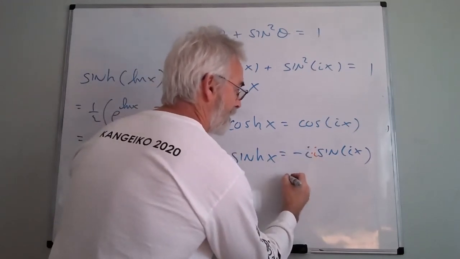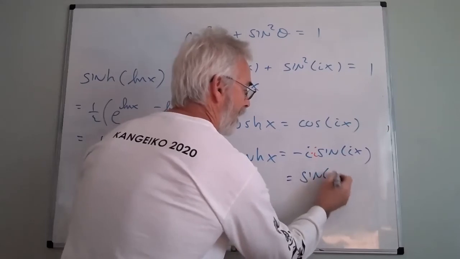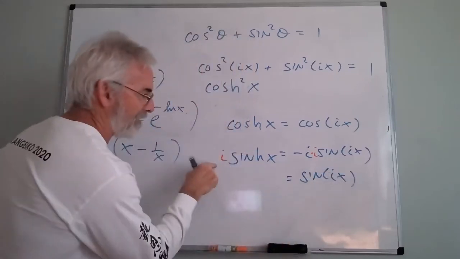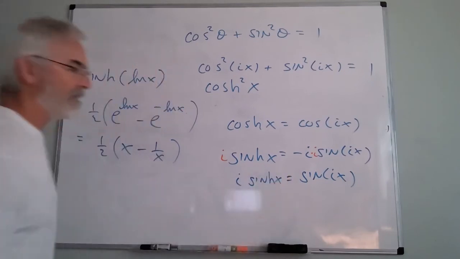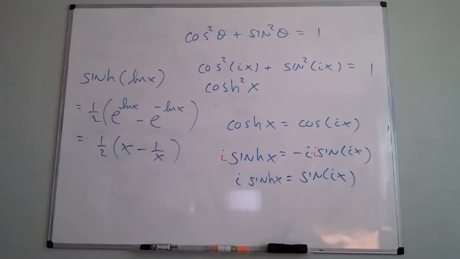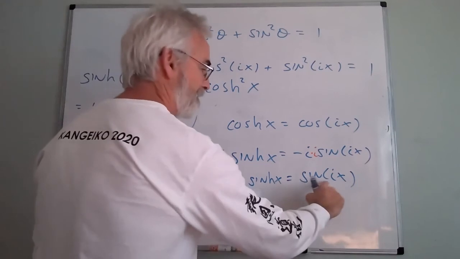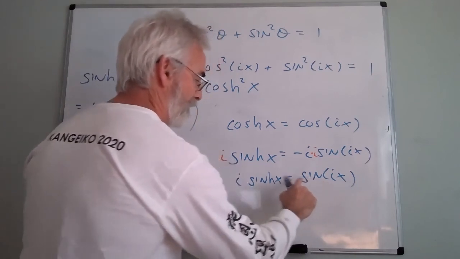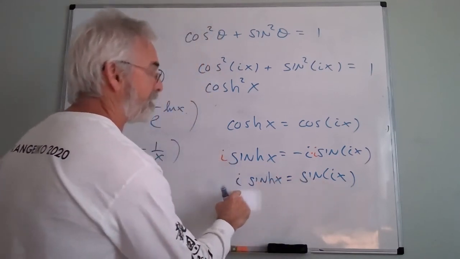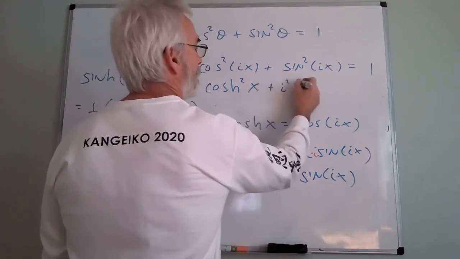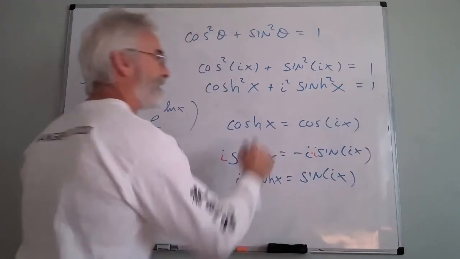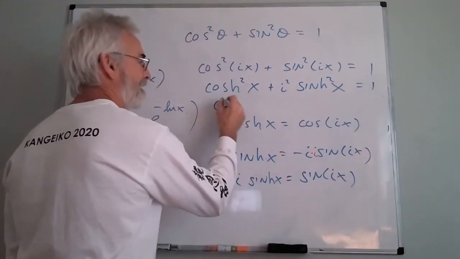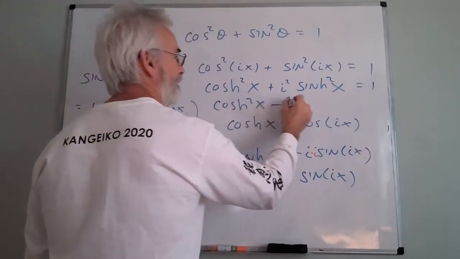So my right side is now the sine of ix. But my left side is now i times the hyperbolic sine. Oh, so sine squared ix would be i squared, but that's negative 1.